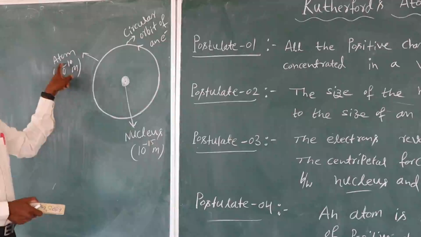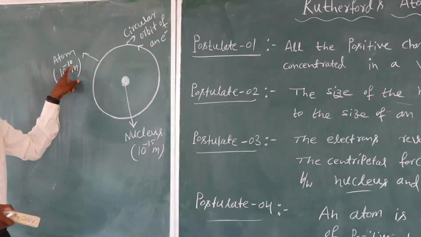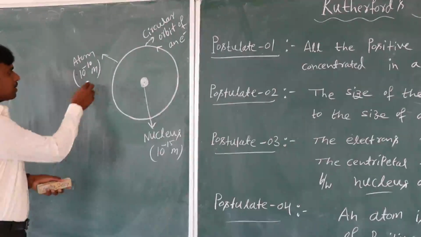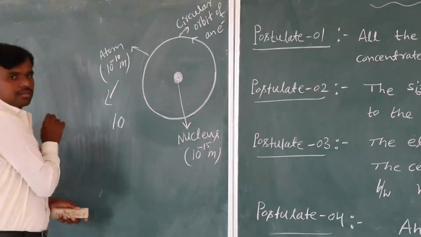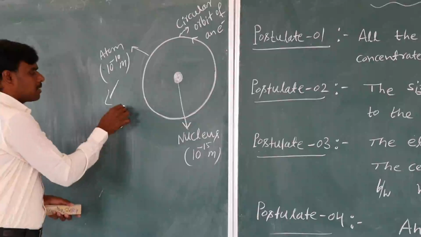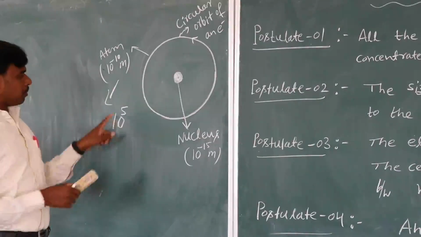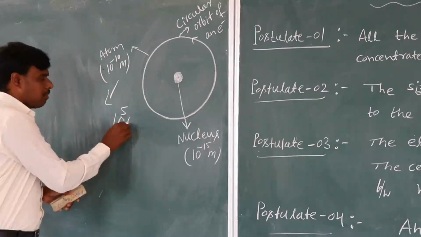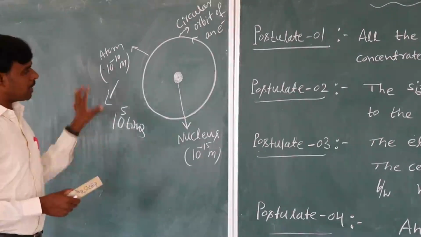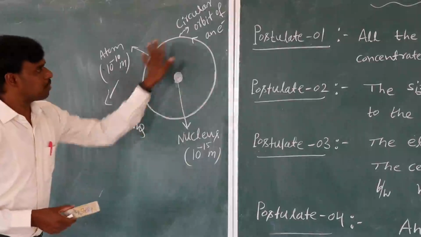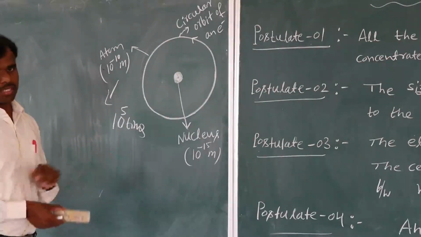The size of the atom is 10 to the power of minus 10 meter. That means the size of the atom is 10 to the power of 5 times greater than the nucleus. Therefore, it indicates that most of the space in an atom is empty.